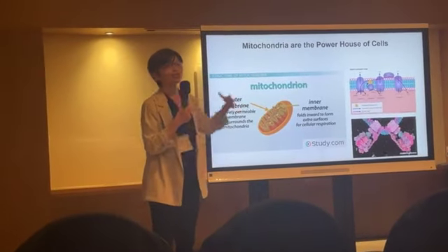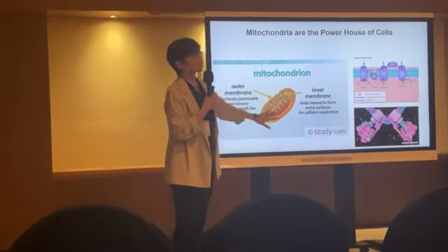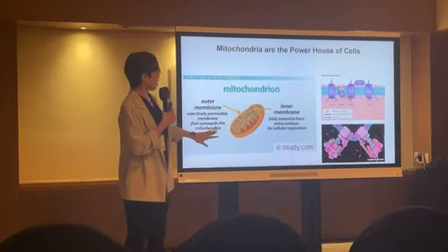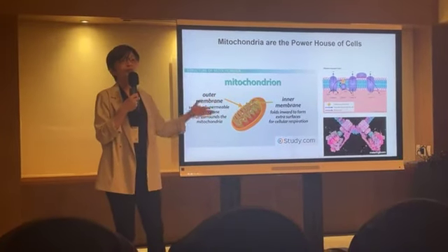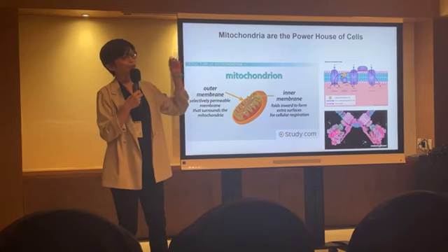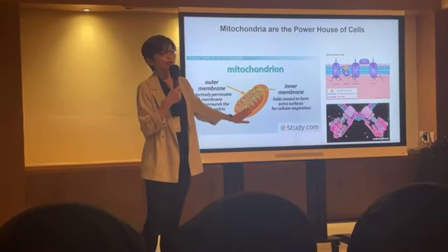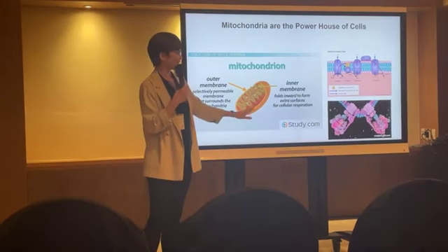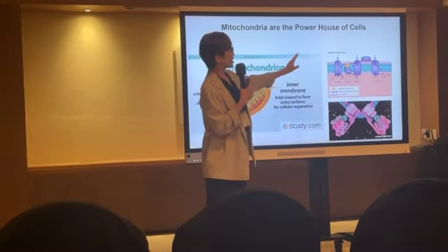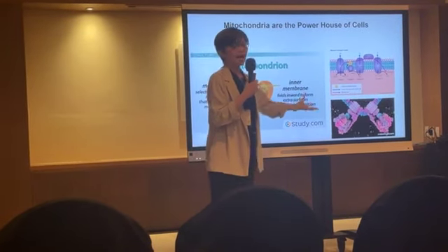And due to this kind of evolutionary origin, mitochondria first have two membranes, double membranes. The outer membrane is more similar to the other membrane structures of our cell, the plasma membrane, nuclear envelope, or ER. But the inner membrane is actually more like bacteria. And then they have a very unique structure we call cristae that is enriched with the electron transport enzymes that is responsible for ATP generation.